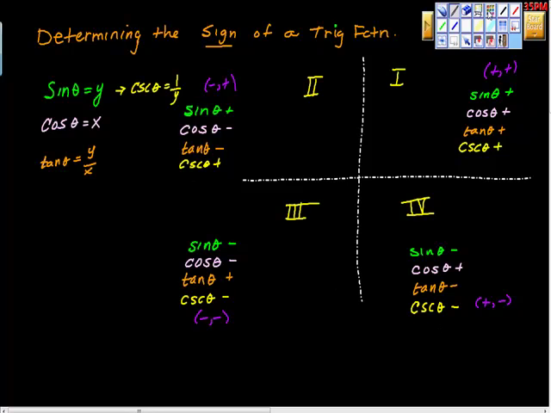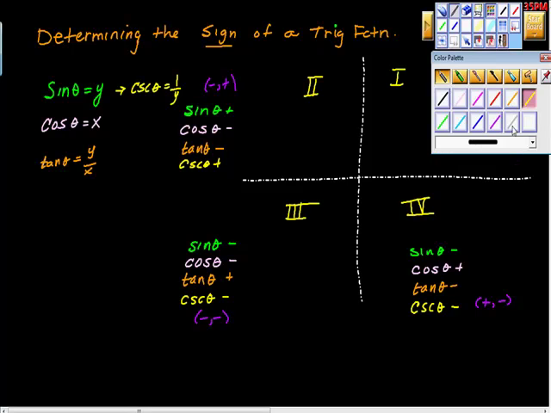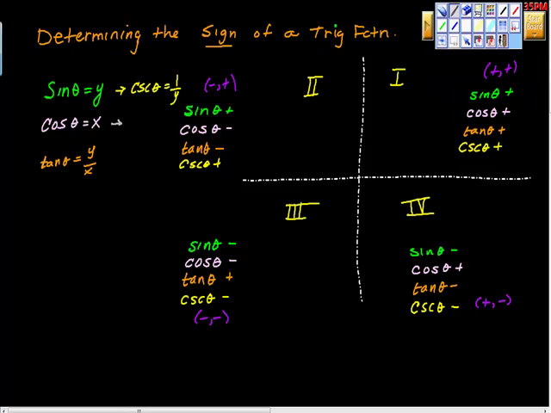Now I'm going to go to the next function. We have 4 of the 6 functions done. We're closing in on it, right? The reciprocal of cosine is secant, so secant theta is equal to 1 over x, right? The 1 will always be positive, so the only thing that changes the sign is the x value. If x is positive, so is secant.